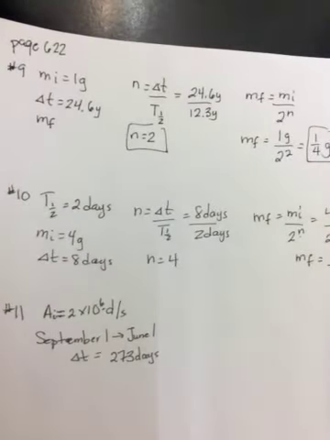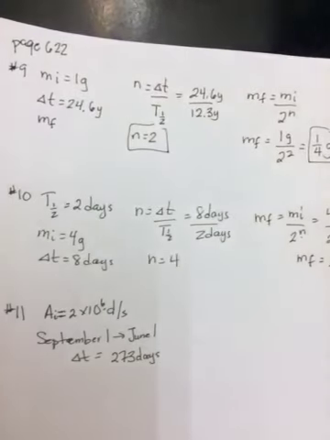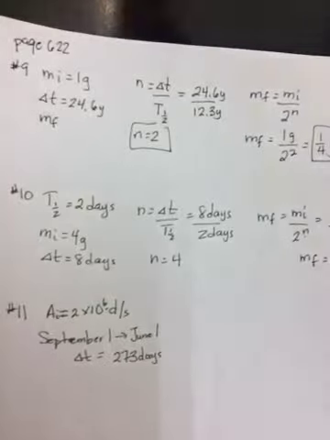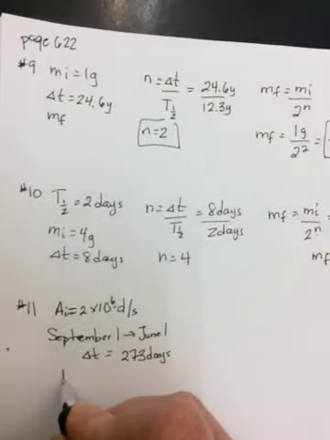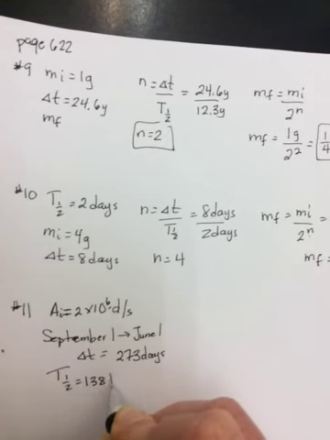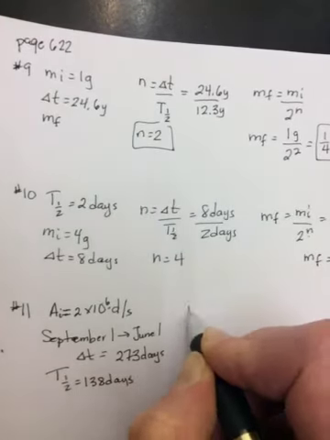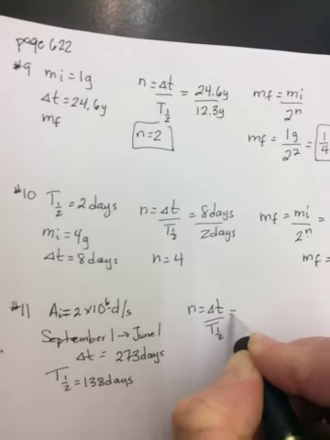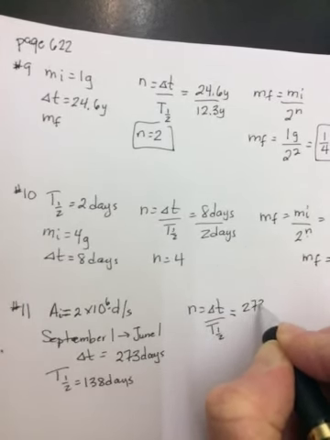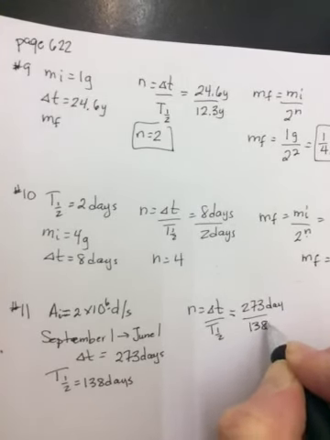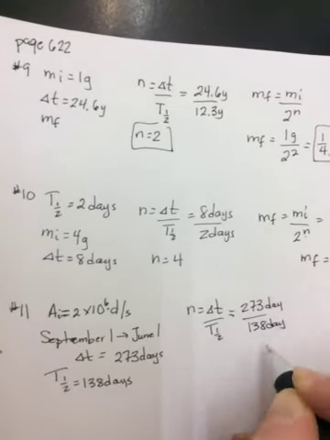Okay, so you need to flip back and find polonium-210 on the chart, and when you look at polonium-210 on the chart, you find out its half-life is 138 days. So we can now find how many half-lives have passed. So 273 over 138 is not going to work out pretty.